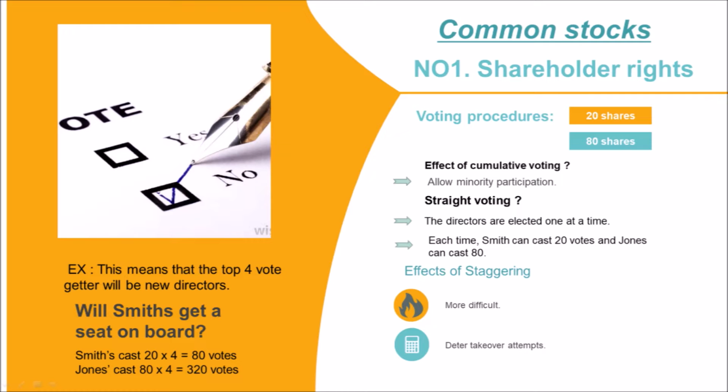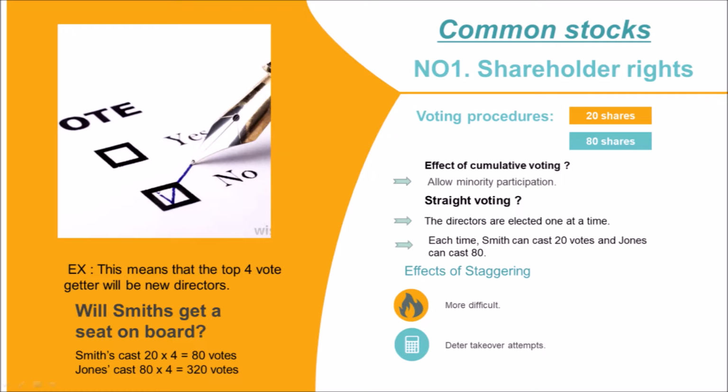Next, the effect of cumulative voting is to allow minority participation. If cumulative voting is permitted, the total number of votes that each shareholder may cast is determined first. In our example, it means that the top 4 votes gathered will be the new directors. The shareholder can distribute votes however she wishes. But will Smith get a seat on the board?